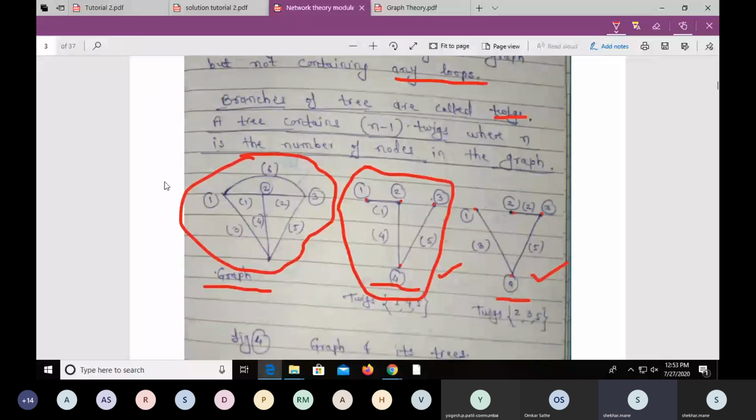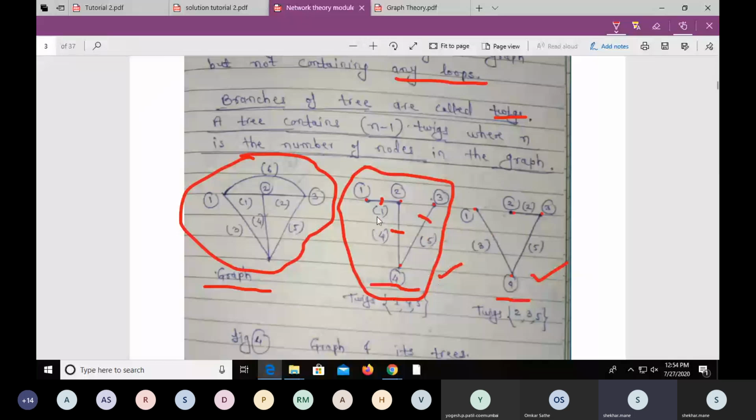And remember, here are the branches of the tree: 1, 4, 5. These are called twigs. If there are n nodes, then there are n minus 1 twigs.